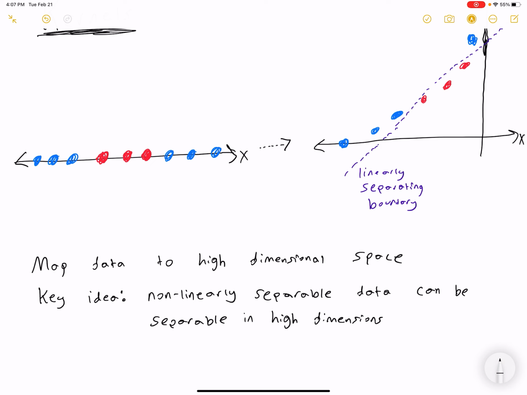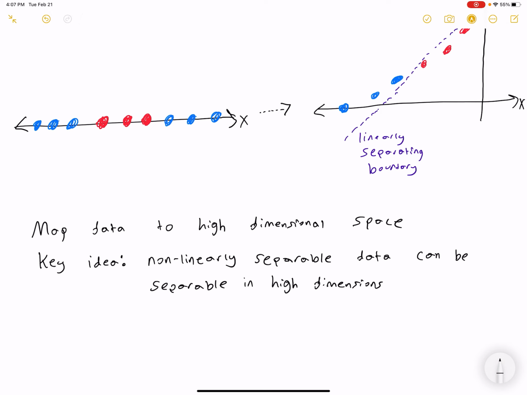If you get the dimensions right and you have enough dimensions, it could definitely be separable.